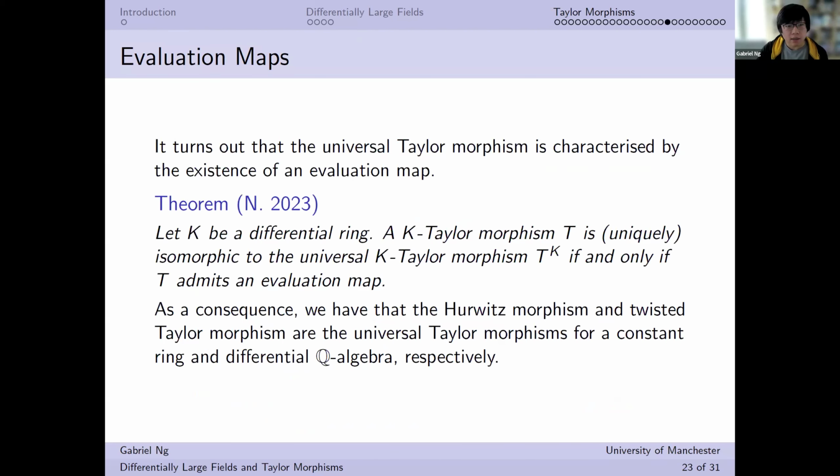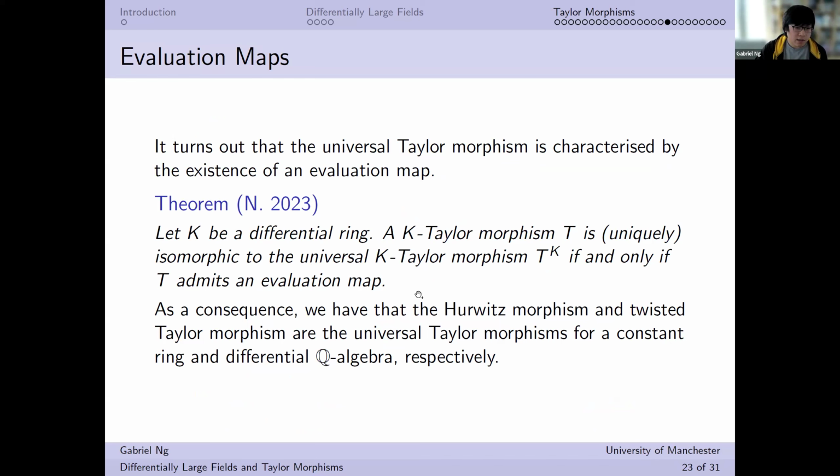Okay, and it turns out that being universal is completely characterized by the existence of one of these evaluation maps. So if we let, again, K be a differential ring, a K-Taylor morphism T is isomorphic to the universal K-Taylor morphism if and only if it admits an evaluation map.